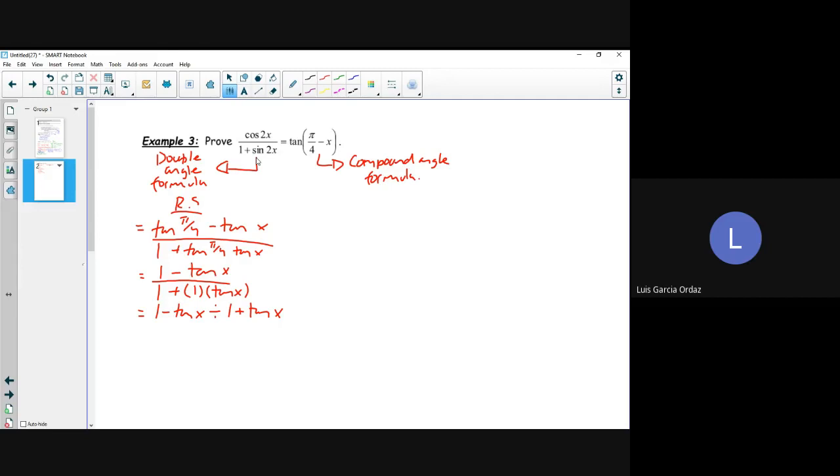So obviously we're not done there, because on the first page it's stated that we should change things to sine or cosine whenever possible. So what identity do we have here?